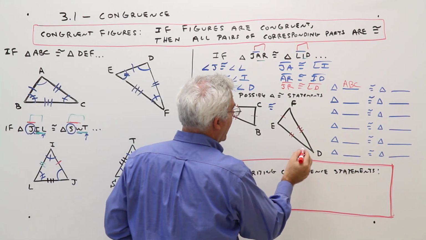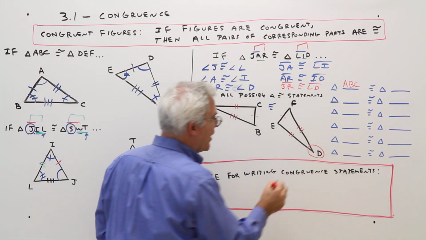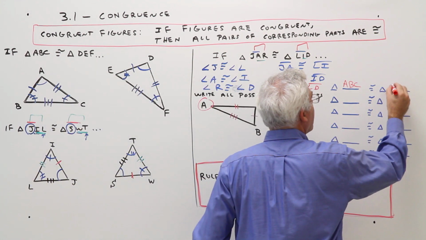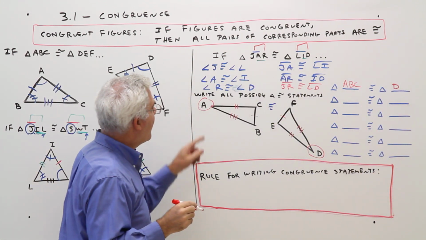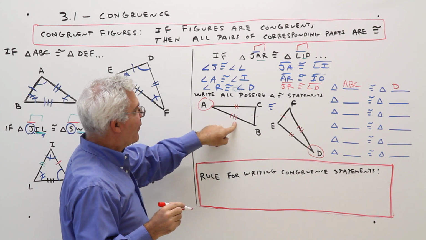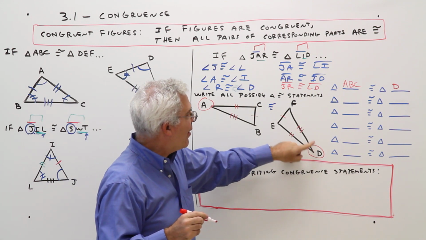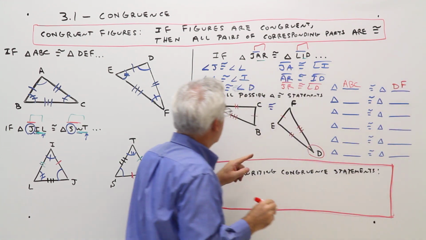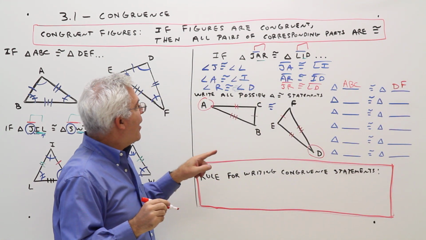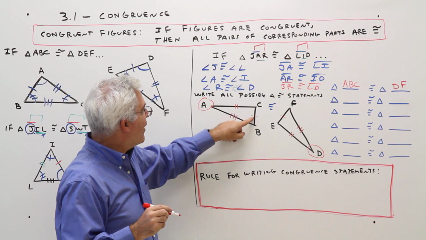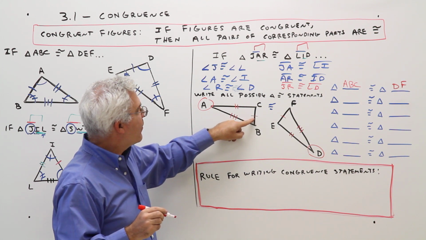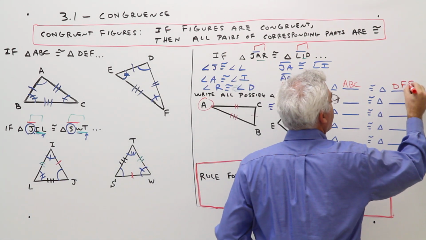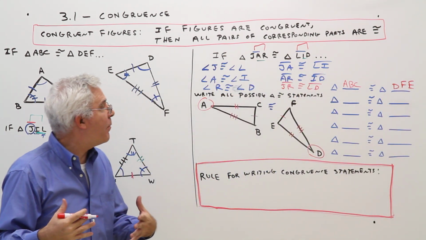The first letter over here between a double and a triple would be D. So if I started with A, that would correspond with D. And then I went from A to B, that's along the triple arc. So along the triple arc would be D to F. Okay, and then from B to C is along the single arc, so then FE. Okay, so that's going to be one possibility.